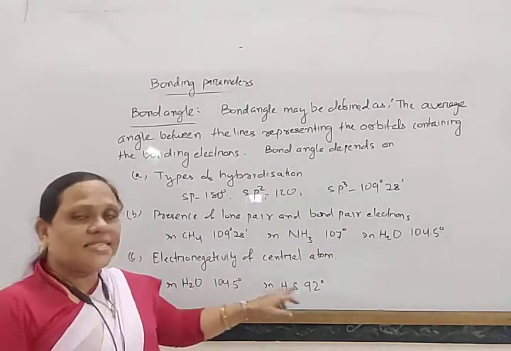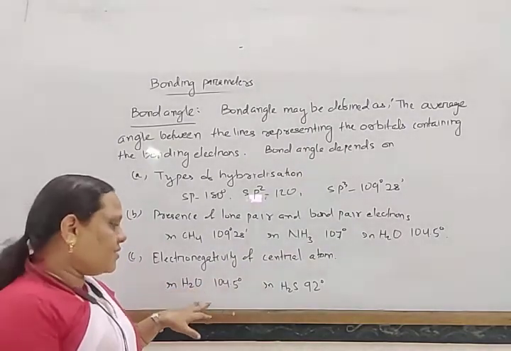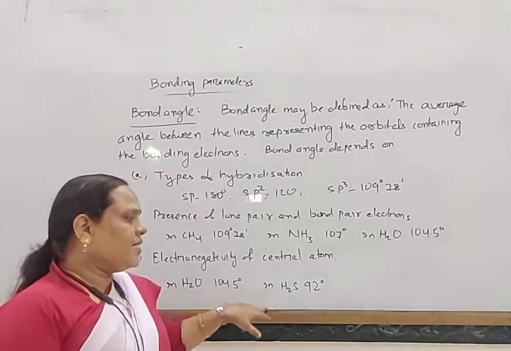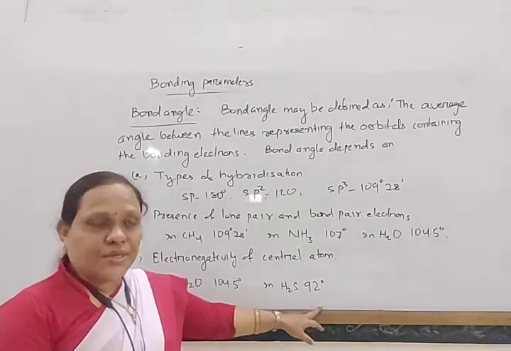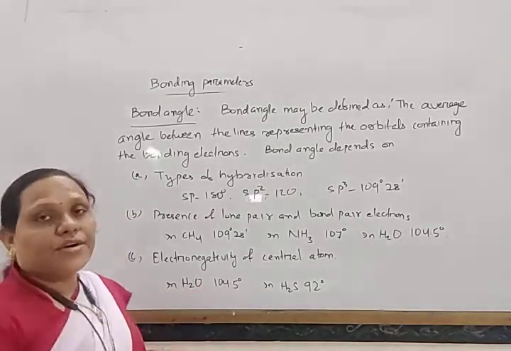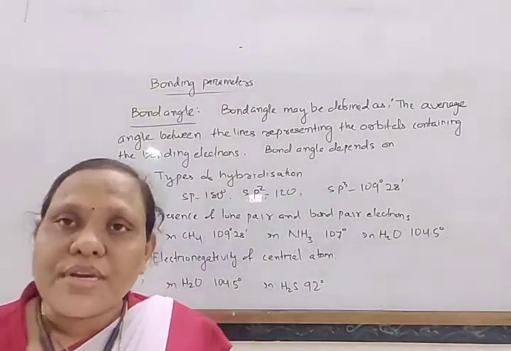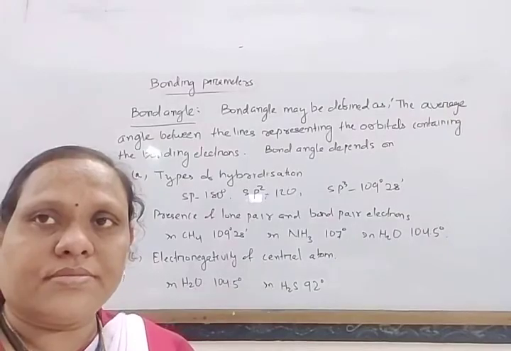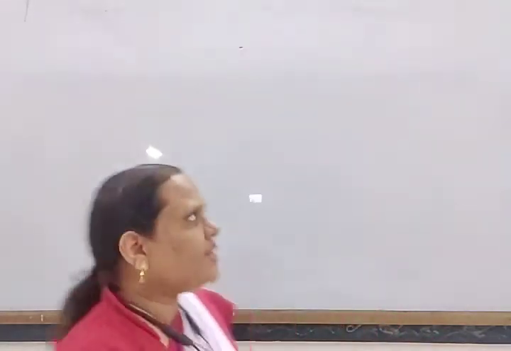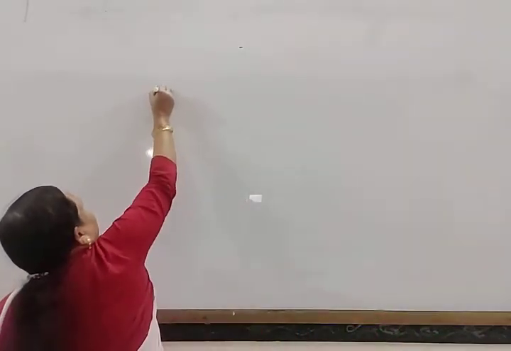But sulfur is less electronegative than oxygen, so its bond angle decreases. It becomes 92 degree, and in water, 104.5 degree. So these are the different bonding parameters. Next come to another concept, that is hydrogen bond or hydrogen bonding.